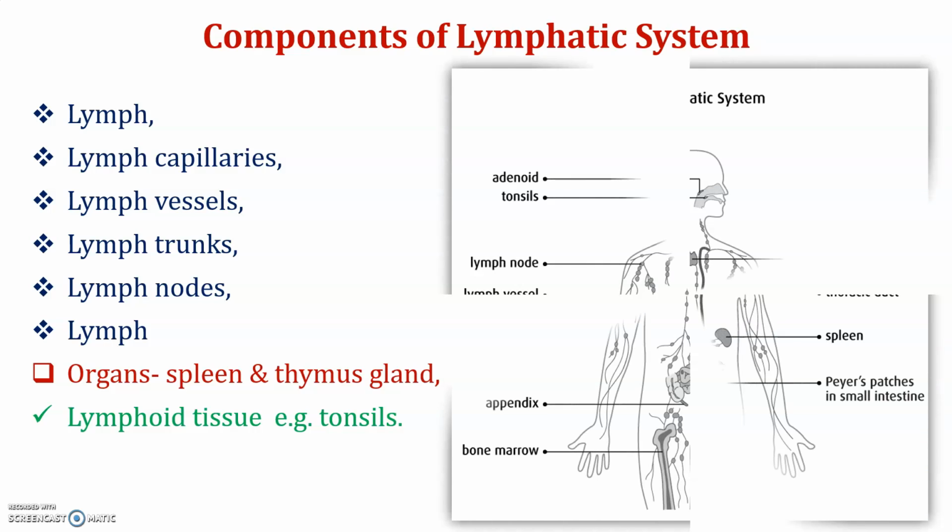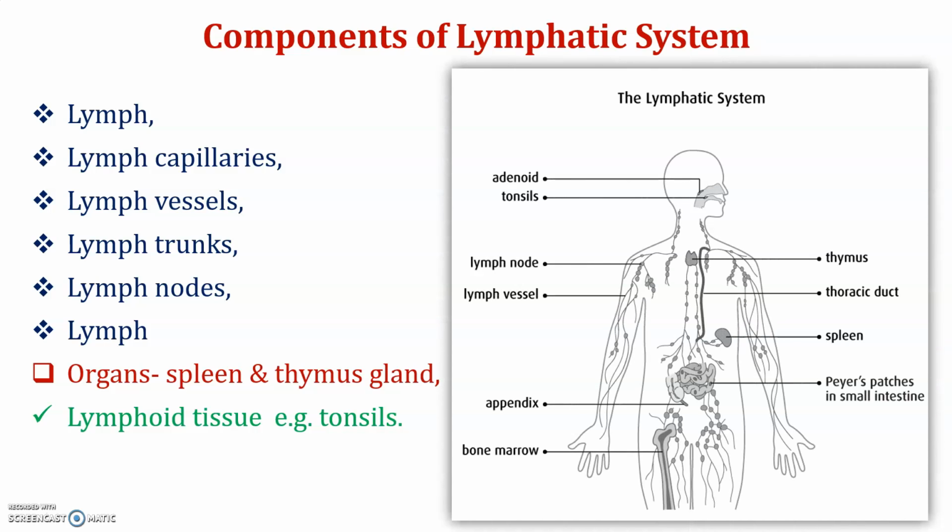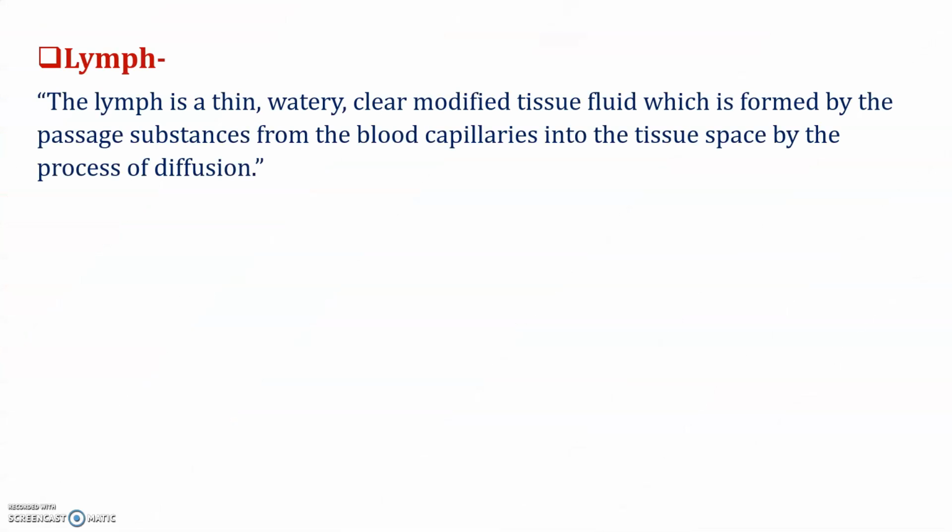Now next, this is the image or diagram of the lymphatic system, where the different components are present in the human body. If you see all the labels present in this figure, we will know the exact location of the lymph vessels, nodes, spleen and lymph nodes. Now the next point is, what do we mean by lymph?